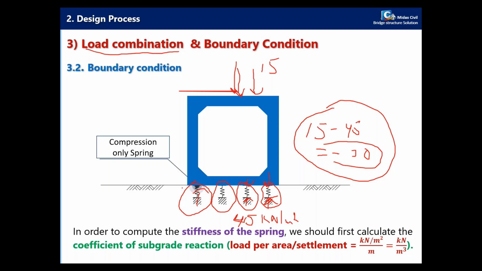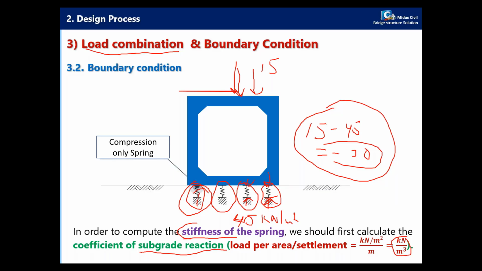So to calculate the stiffness of the spring, you can go down in the code, because you need to do an experiment to get the real value of the ground you have. So I will not go deep in the explanation of that. But to get the stiffness, you need first to have the value of the subgrade reaction, and the subgrade reaction unit is kilonewton per cubic meter.